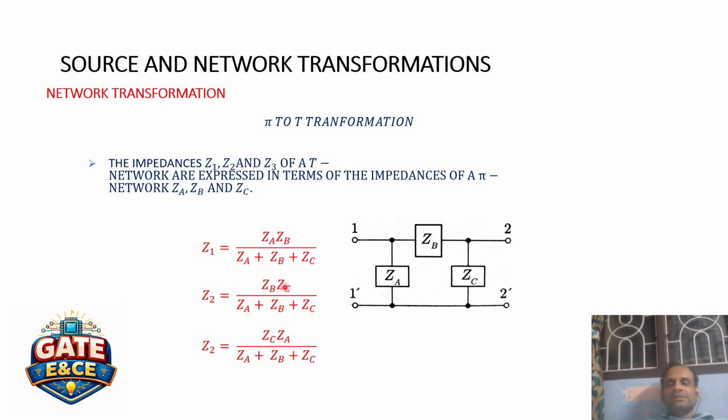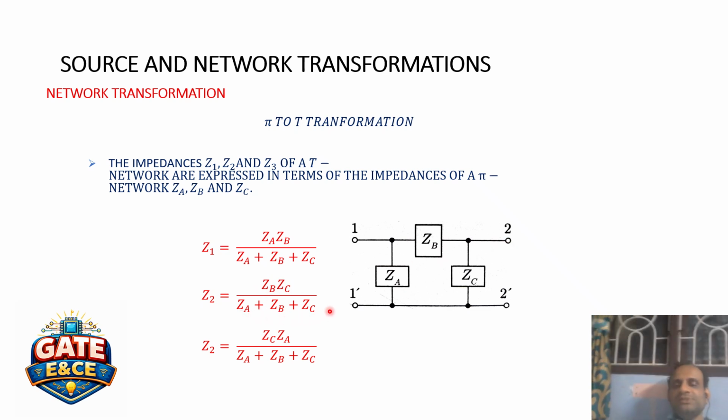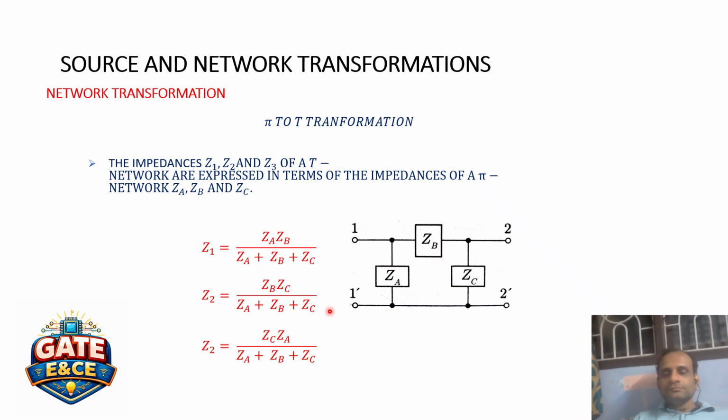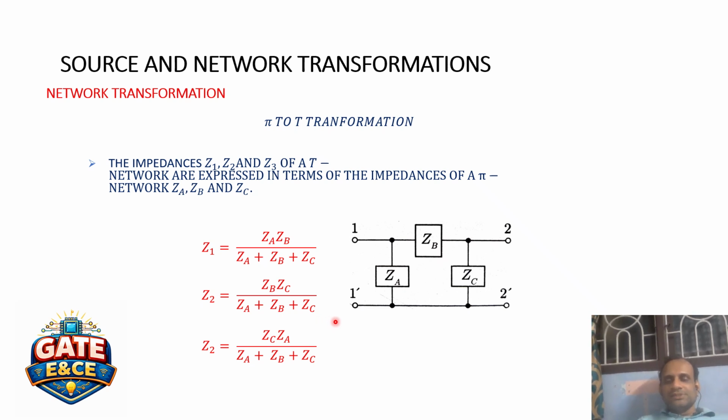Z2 is ZB ZC divided by ZA plus ZB plus ZC.